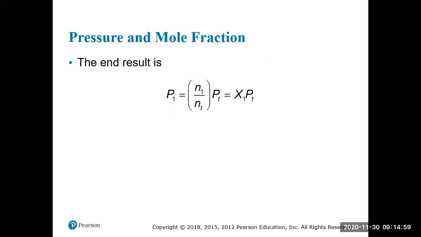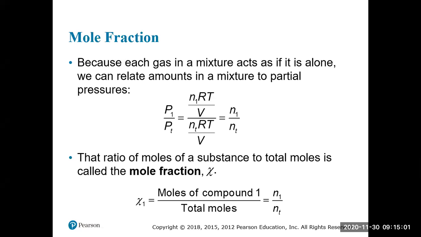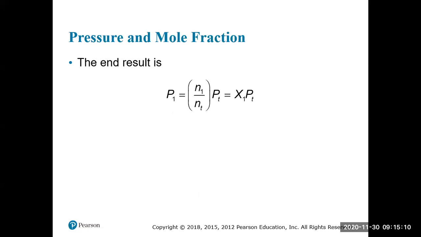So we go back and look at this P1 over PT equals N1 over NT. If we go ahead and rearrange that, in other words, multiply each side by PT, then we get P1, the pressure of one of them, is equal to the number of moles of it divided by the total moles times the total pressure.